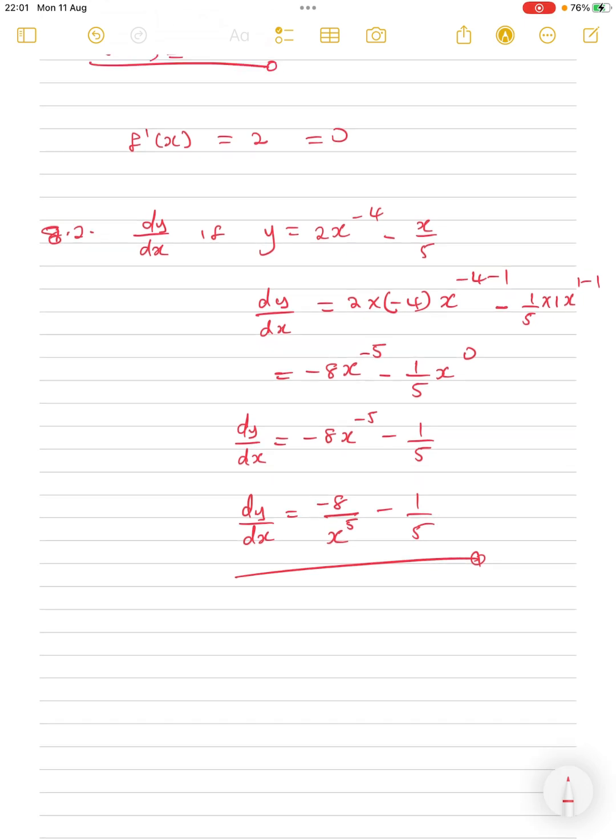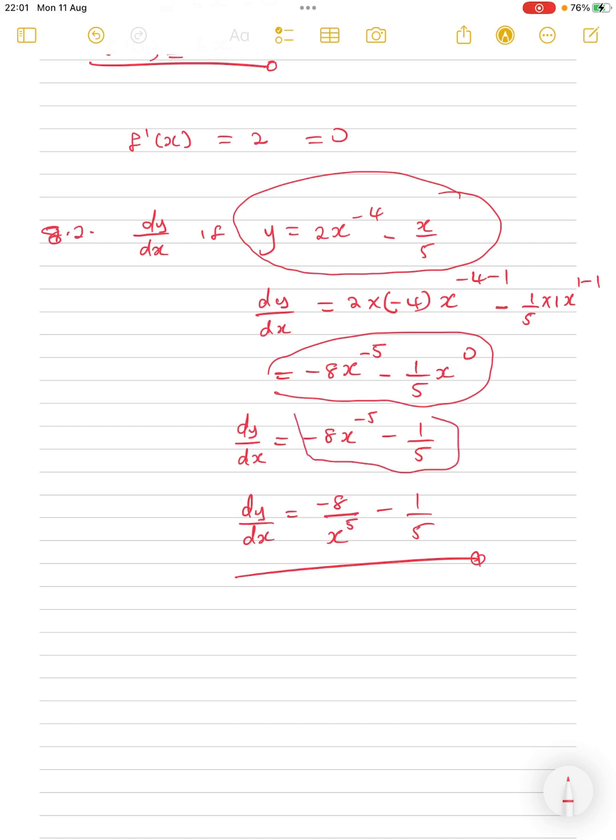But since you are given your equation in terms of powers with a negative exponent, you can also leave it like this. They won't penalize you for that, because you've completed everything. But for simplicity, we have to try by all means to refrain from leaving negative exponents. I hope I was clear on this question.